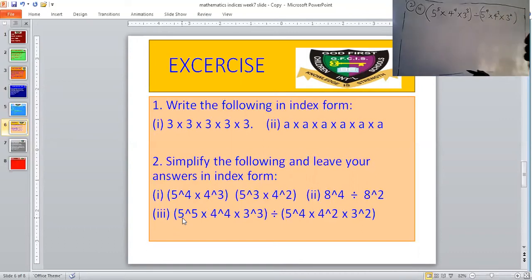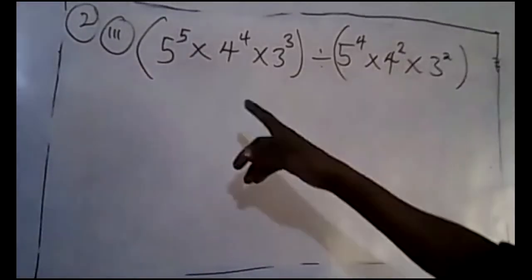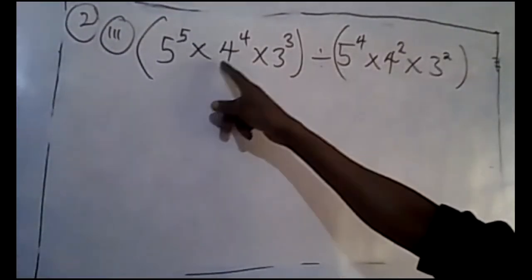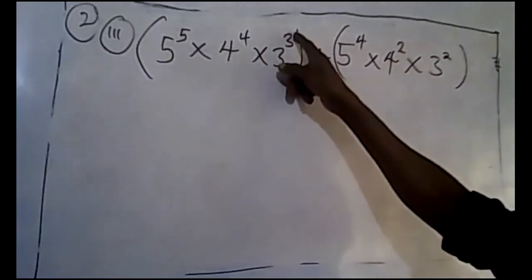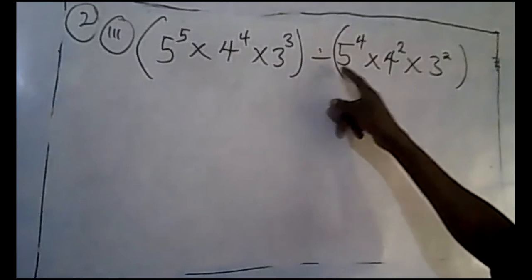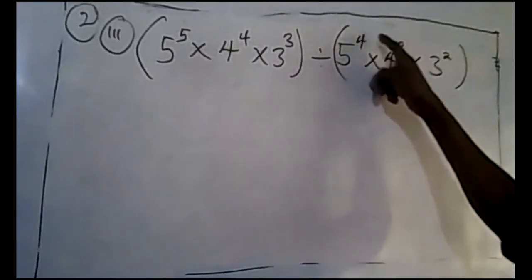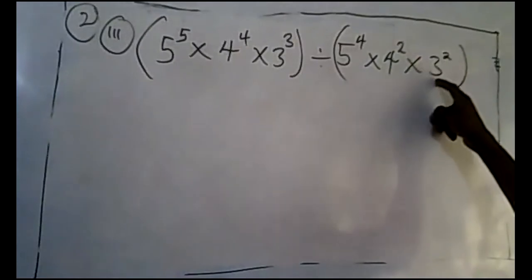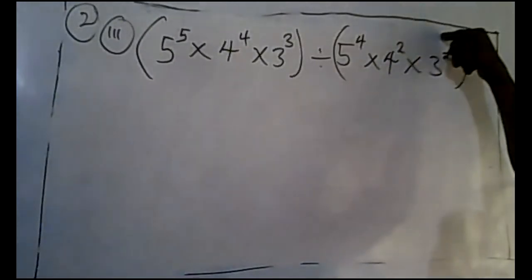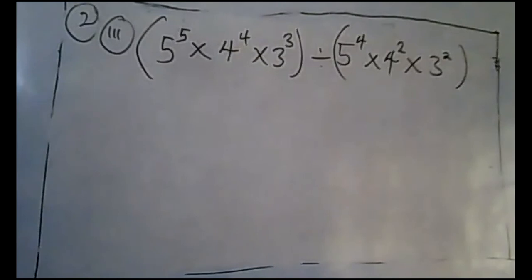Let me allow you to see the biggest screen so you enjoy, okay? So this is 5 raised to power 5 times 4 raised to power 4 times 3 raised to power 3 divided by 5 raised to power 4 times 4 raised to power 2 times 3 raised to power 2. Is that okay? All right.